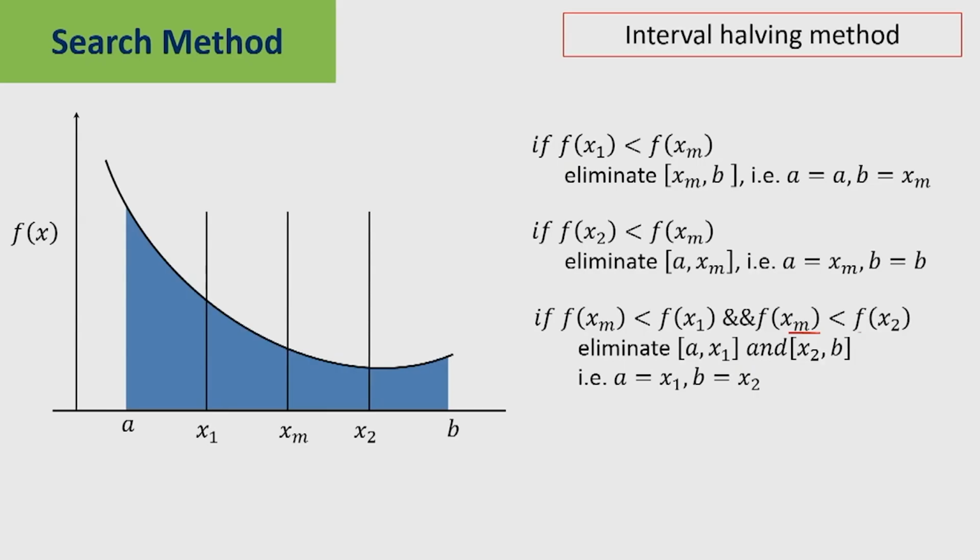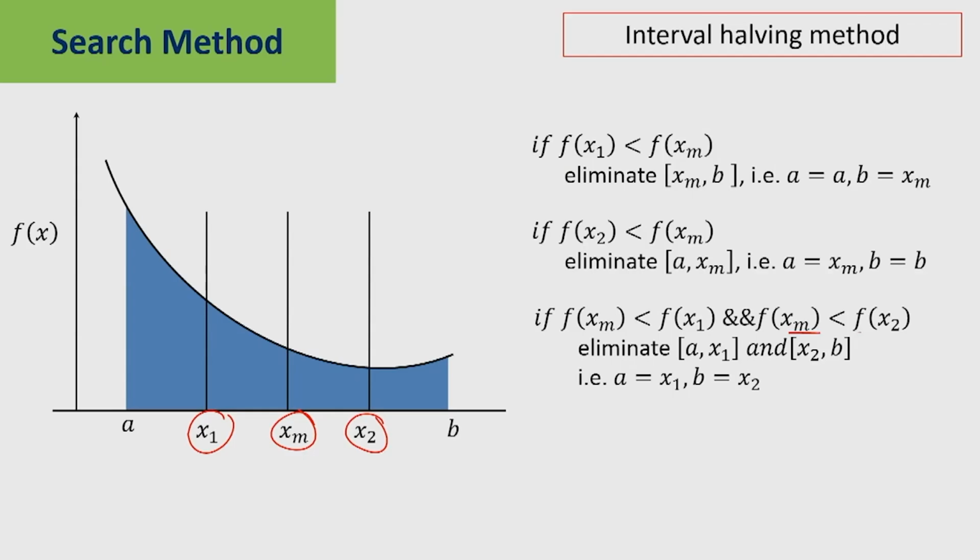As we have explained, we are taking 3 points and dividing this region into 4 equal parts, that means 25, 25, 25, 25. So, x m is the mid, x 1 is the midpoint between a and x m, and x 2 is the midpoint between x m and b. One of these conditions will be true.